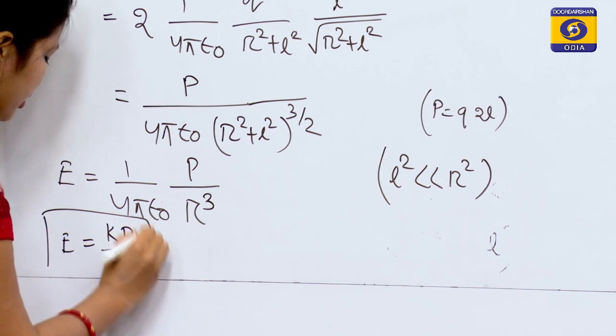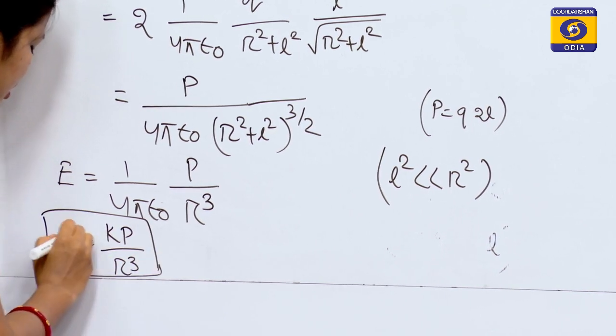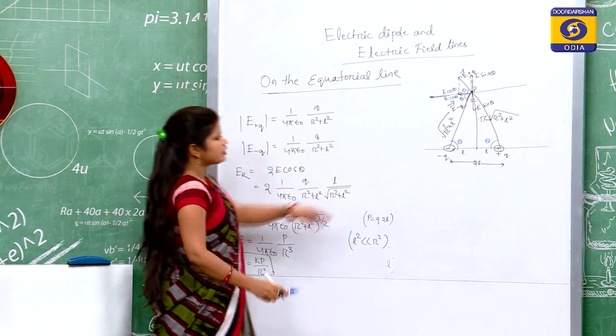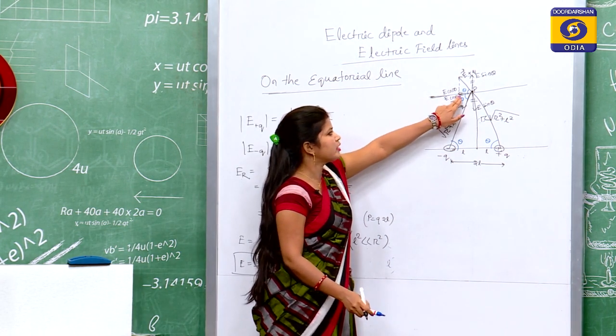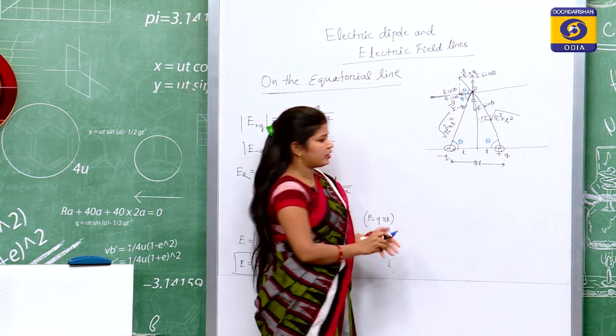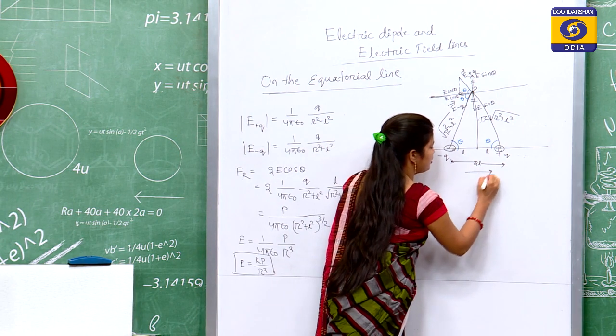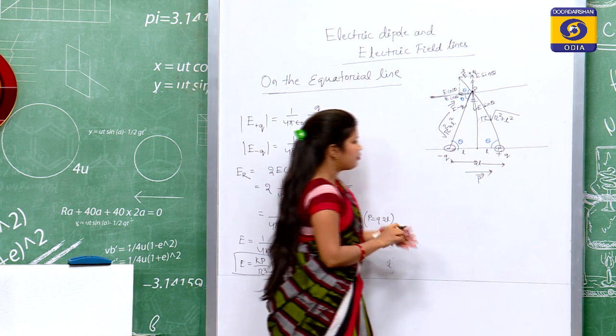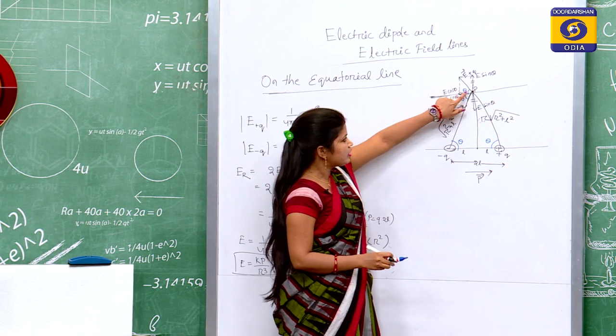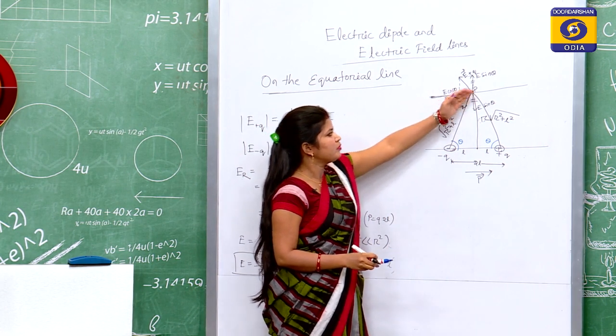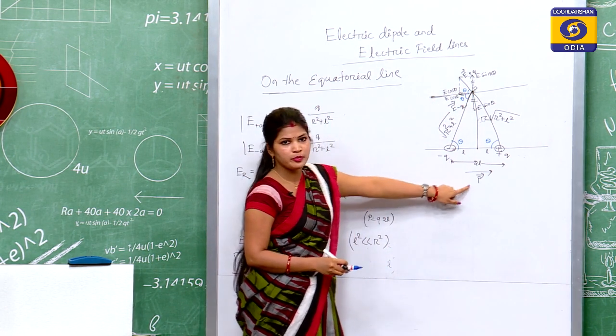This is the magnitude of electric field intensity, and the direction is, see, what is the direction of the resultant electric field, that is opposite to p, because the direction of dipole moment p is from minus q to plus q, but the resultant field direction is opposite to p.